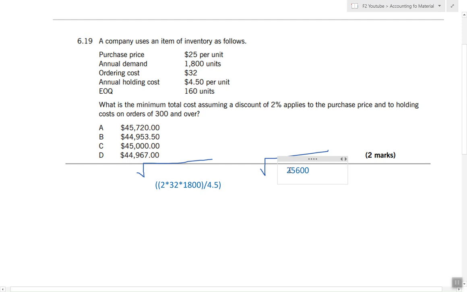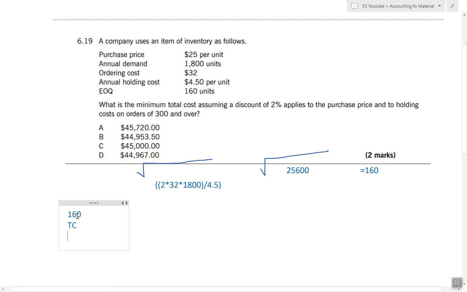And that put in calculator becomes 160, what they wrote above. Okay, so we have to compare whether 160 gives us the lowest cost or 300.